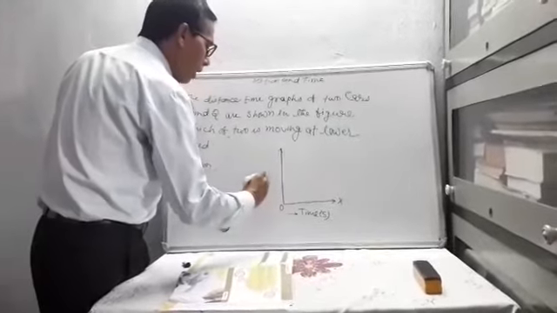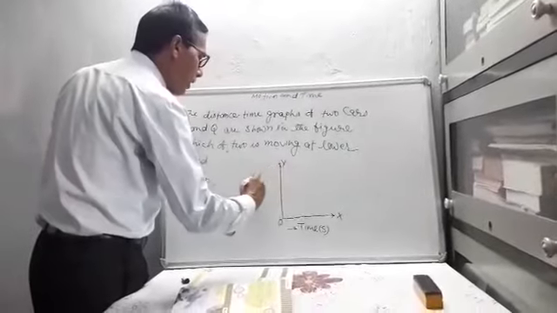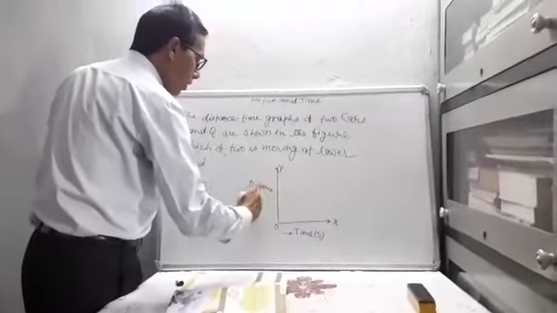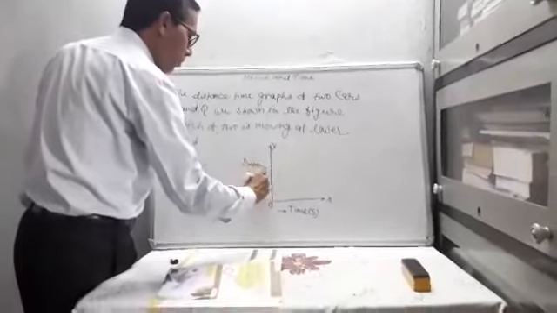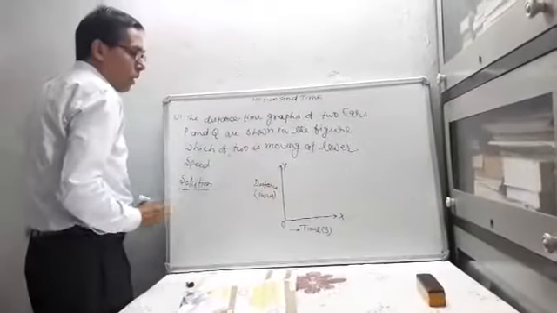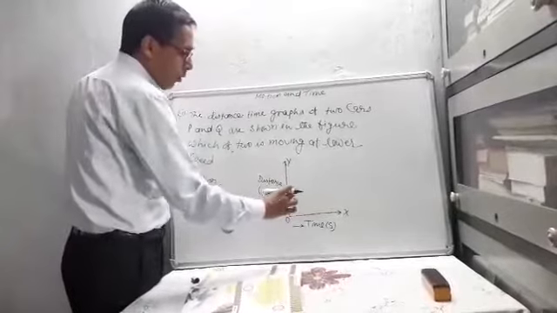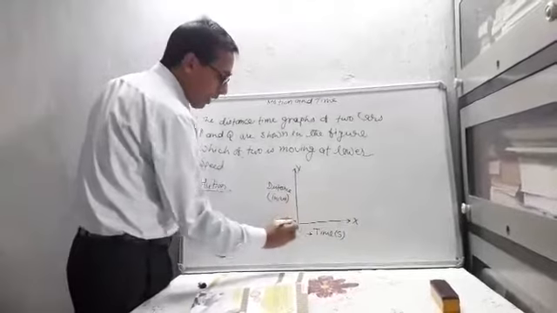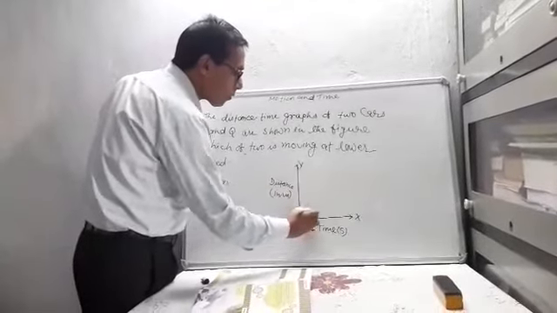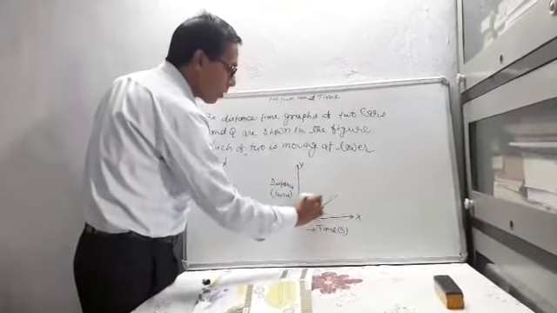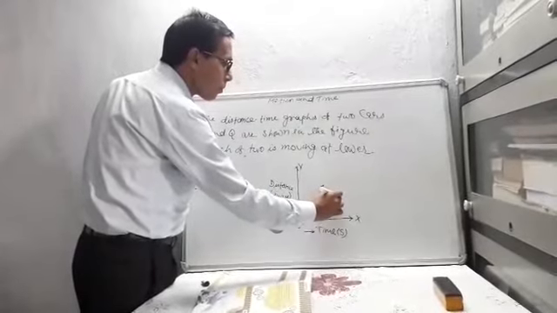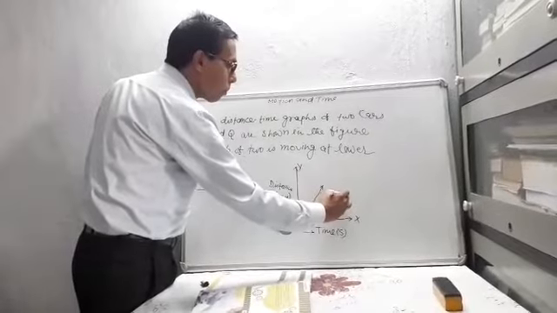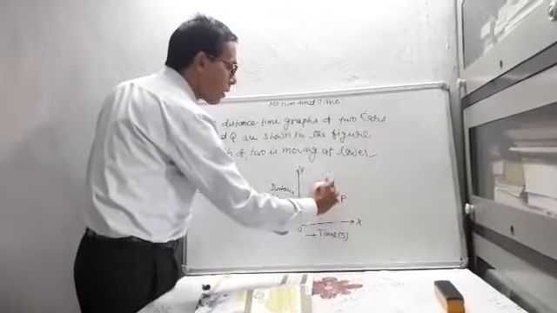This is the origin, and along the y-axis, distance in meters. Now, when we plot a graph between distance and time, two graphs are given. This is P and this is Q.